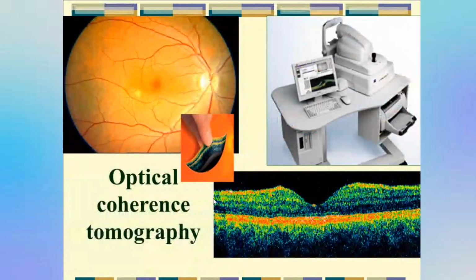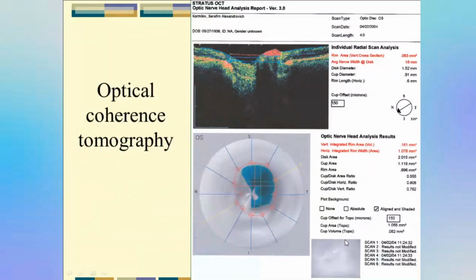Let's speak about optical coherence tomography. Here you see the macular area. This is a picture of the optic nerve disc.